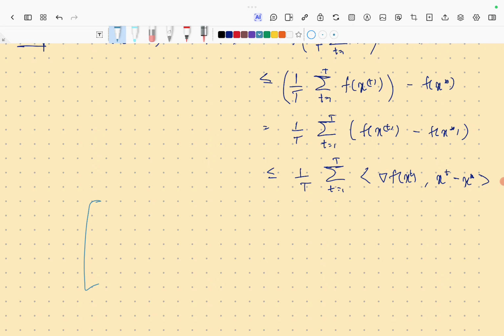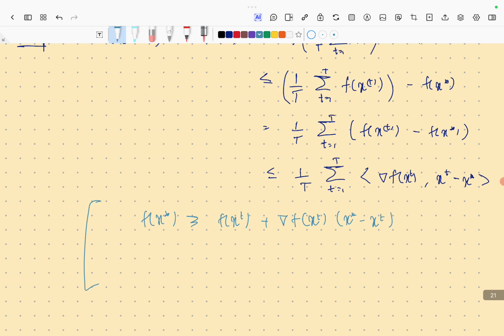Correct. We use the first order property of convexity, which basically tells you that f of x star is always greater than or equal to f of xt plus gradient f of xt transpose times x star minus xt.